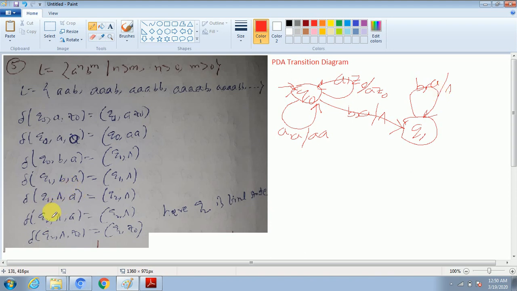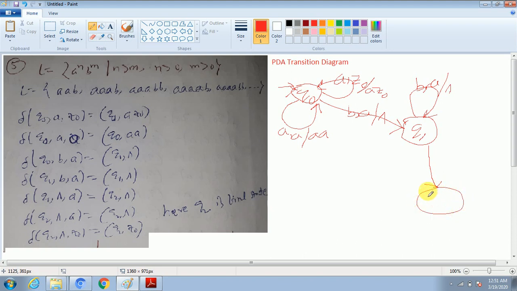And come to the fifth function, Q1, null, A goes to Q2, null, meaning it goes to Q2, which is a final state.